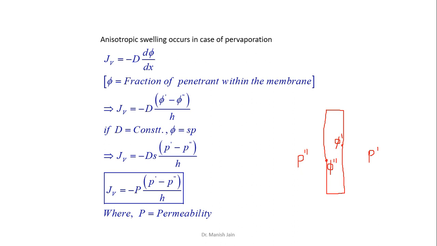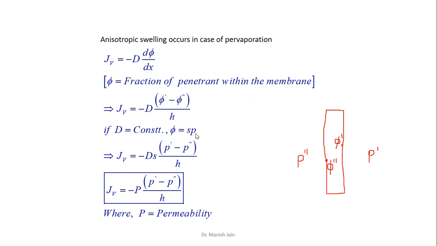Now we will start with the simple case. Suppose D is constant. Generally in the pervaporation process, D is not constant, but suppose we assume that D is constant. Now phi can be correlated with the partial pressure of that feed species in the feed and permeate side by using Henry's law, as we have used in the gas separation process.